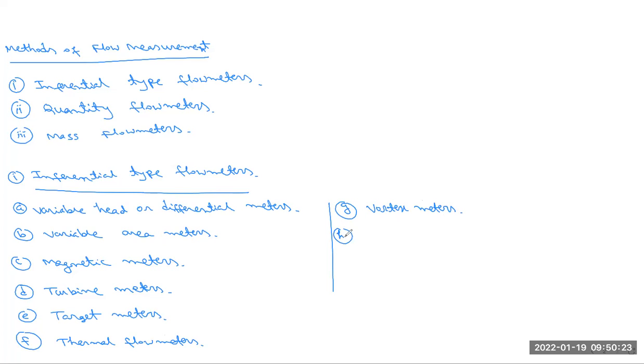Number H is the ultrasonic flow meter. So these are the basic classifications of the inferential type flow meters.